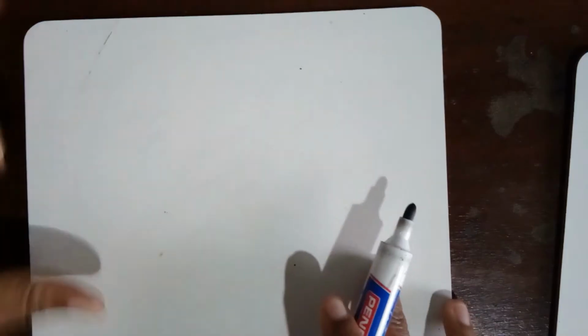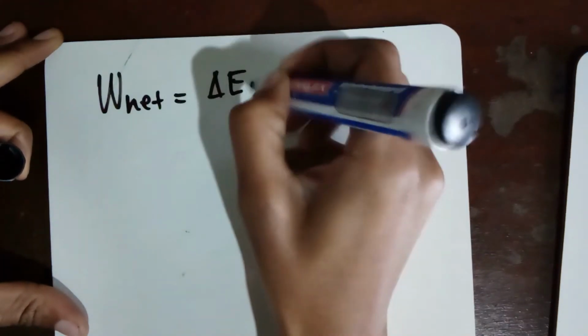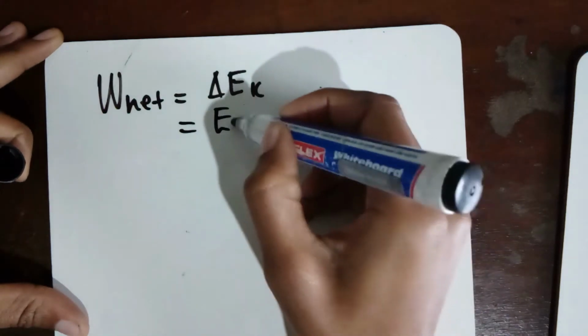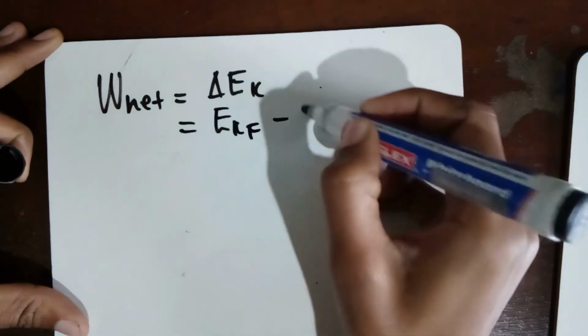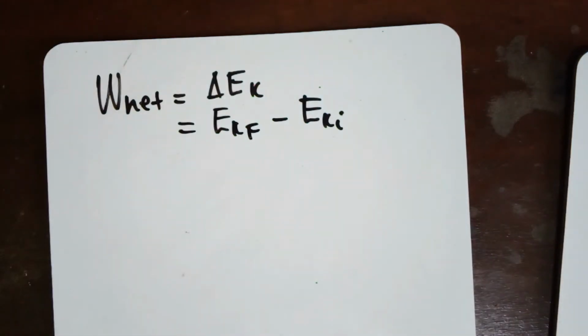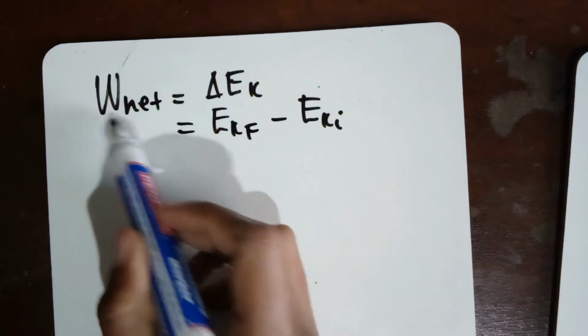If we use our work energy theorem, it says that the total net work done is equal to the change in kinetic energy, which we can rewrite as EK final minus EK initial. For this, though, we don't actually have a W net.